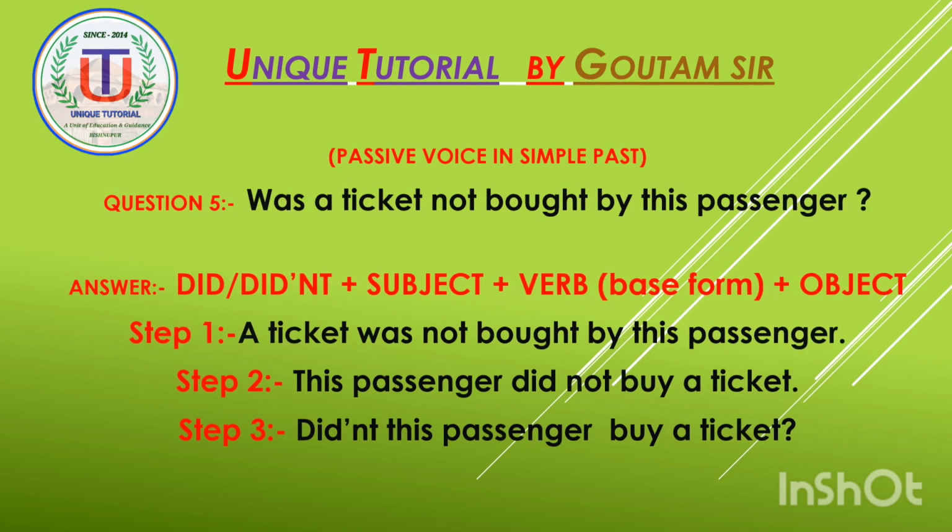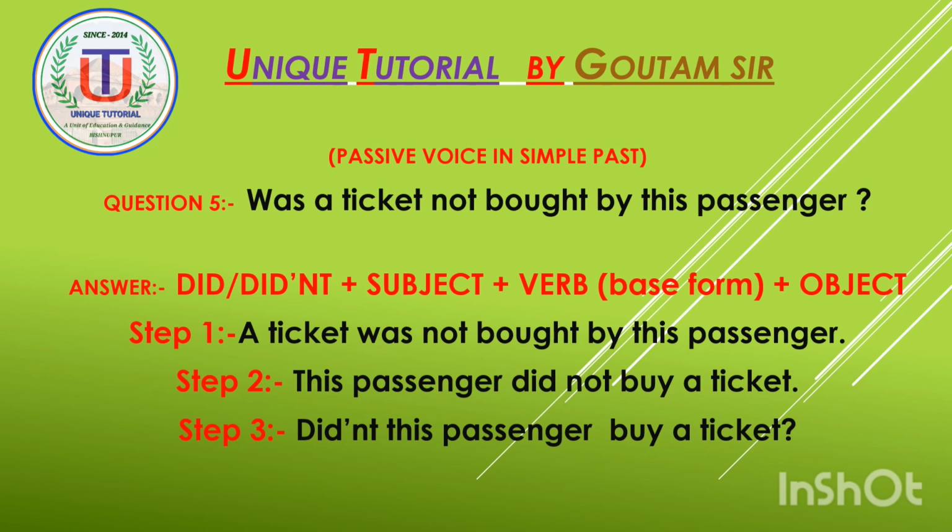Question number 5. Was a ticket not bought by this passenger? This sentence is also in interrogative form. And this is in passive voice in simple past tense. So according to the structure, first we have to place did or didn't, then subject, then verb base form, then object. So what I have to do is first transform the sentence into assertive form.